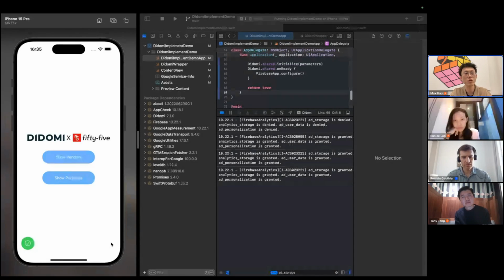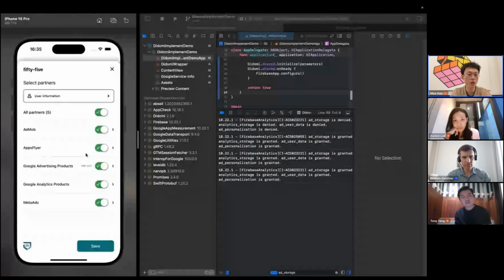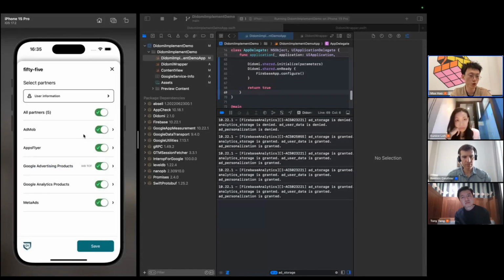Within your app, you can also at different times show your users a list of vendors that you use. For me, I put AdMob, AppsFlyer, Google advertising products, GA, Meta Ads, all the very common SDKs that a lot of different app owners use.